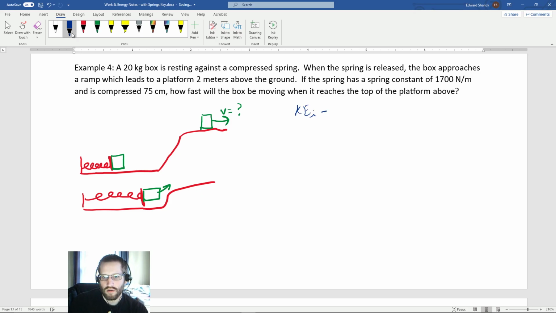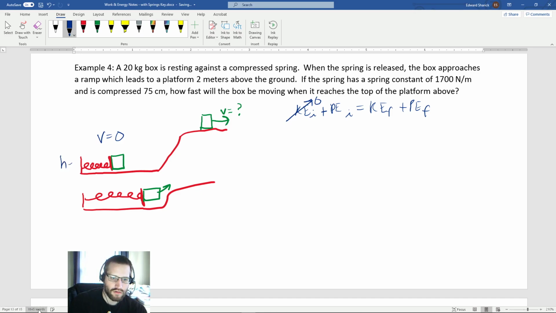KE initial plus PE initial equals KE final plus PE final. Same idea as last problem. Here, our kinetic energy initial, as this thing is released from rest, its velocity is 0, so I don't have a kinetic energy.